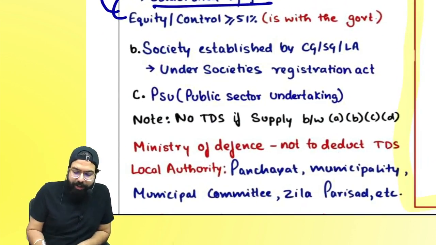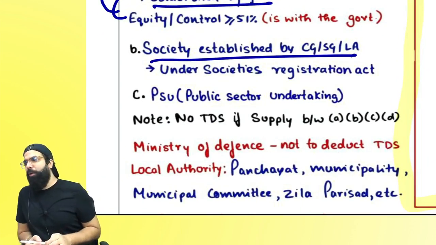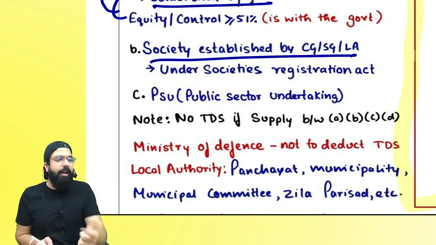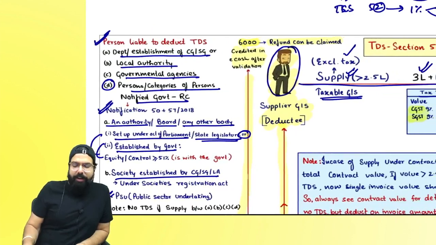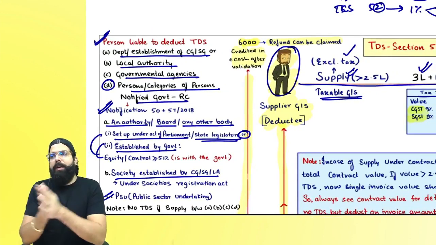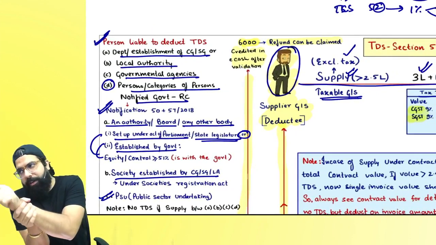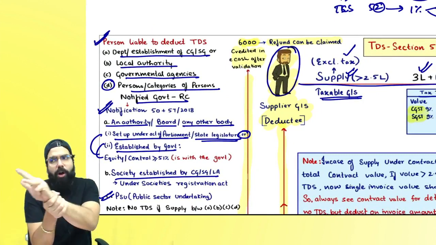Or if you are a society established by the Central Government, State Government or local authority under the Societies Registration Act, or you are a public sector undertaking, then also you are required to deduct TDS. Always remember, TDS has to be deducted by whom? Department of Central Government, State Government, local authority, governmental agency, or notified category.